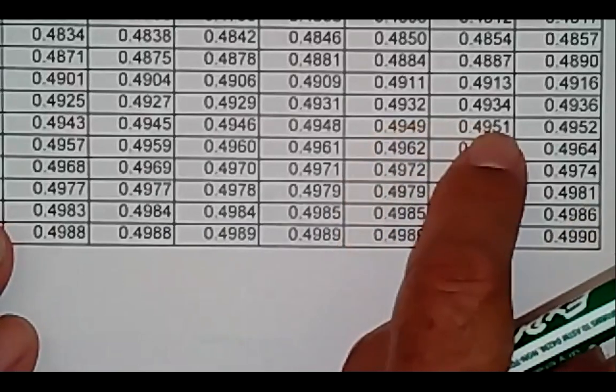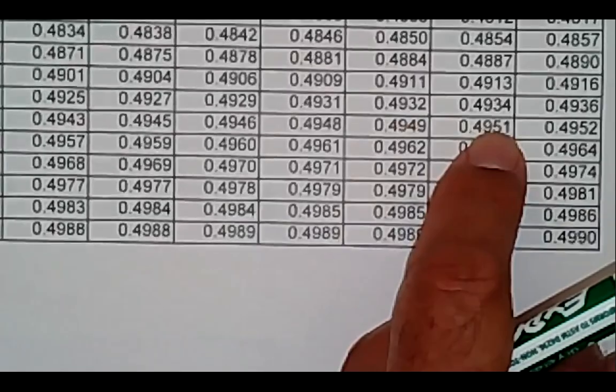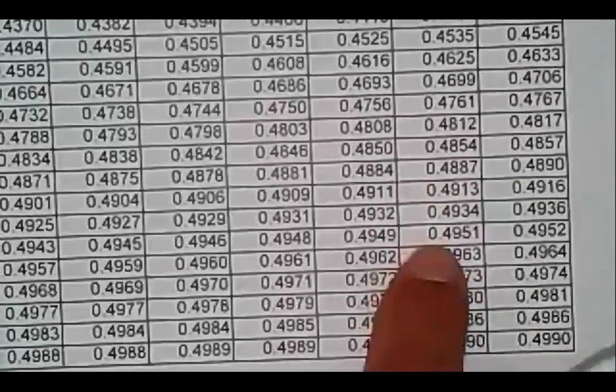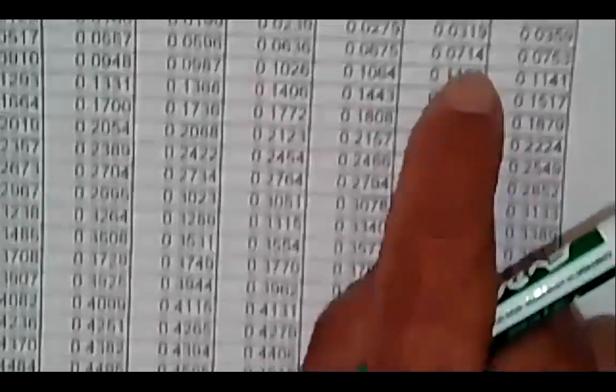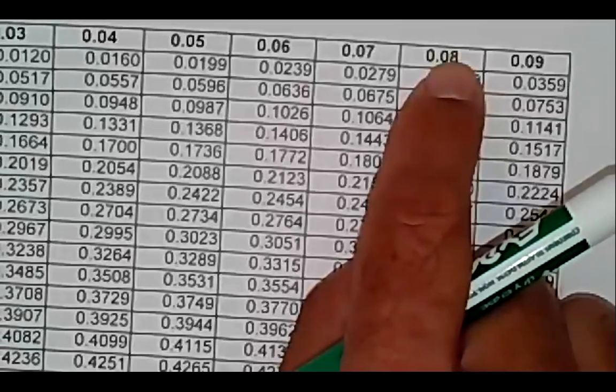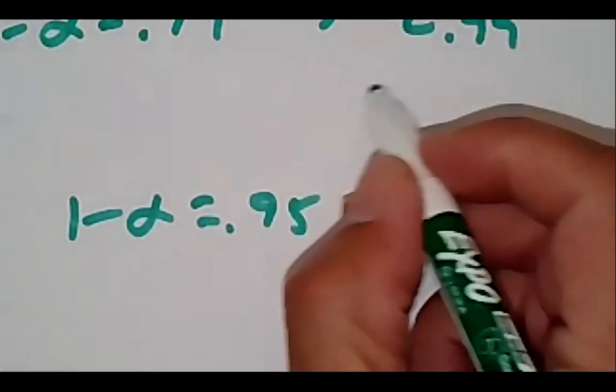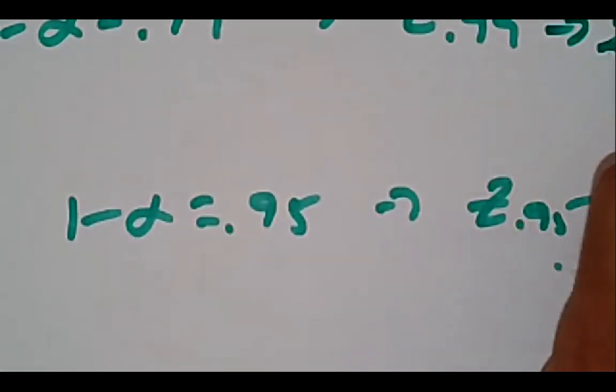So what I do is I look over here. That's 2.5. Back here, you take the larger one, all the way up here, 2.58. So therefore, the value I'm going to use for my Z is 2.58.